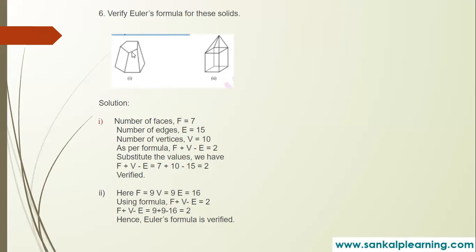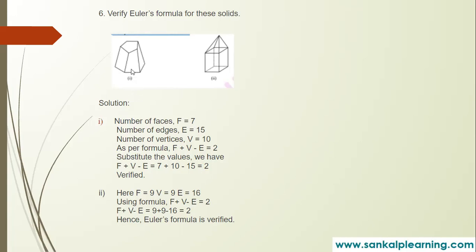It is a pentagon, so the base is also a pentagon. So how many lateral faces are there? 5 sides, so there will be 5 rectangles, right, children? So 5, plus top and bottom, 5, 6, 7. Faces are 7.